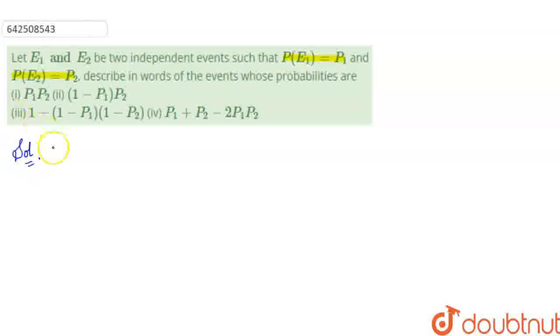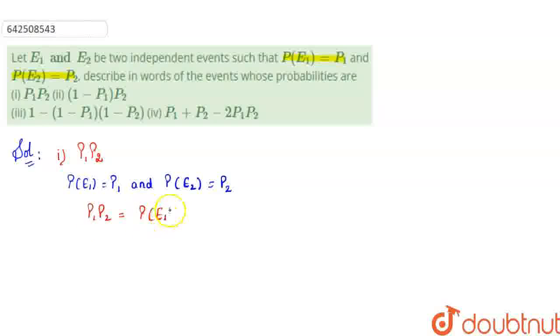So the first part which is given to us is p1 p2. Now as per the question, it is given that P of E1 is equal to p1 and P of E2 is equal to p2. So we can replace these two in the question part. So p1 p2 can be written as P(E1) into P(E2).